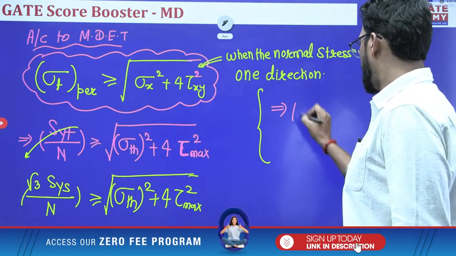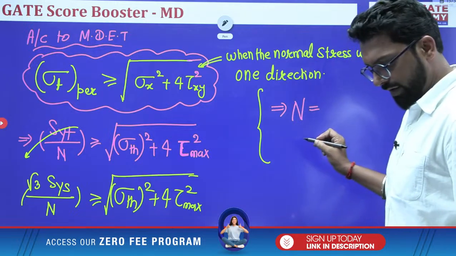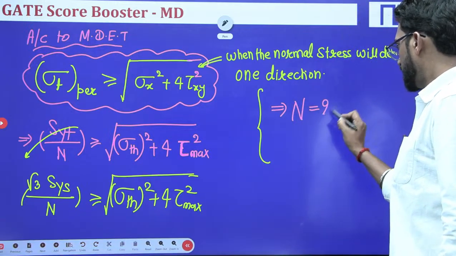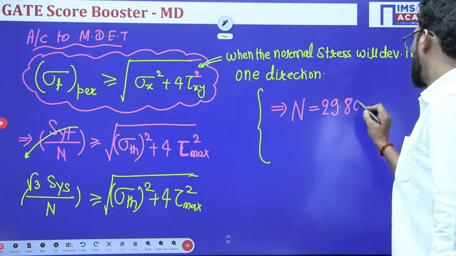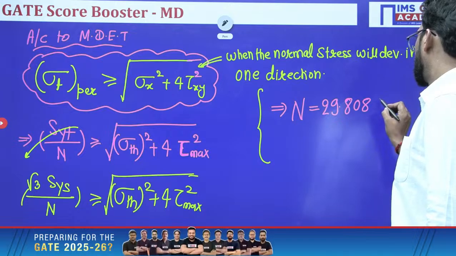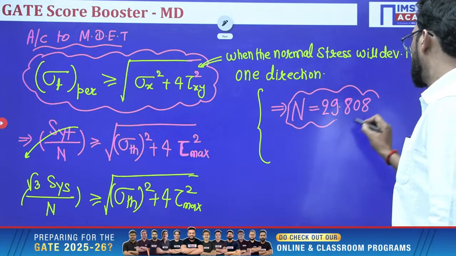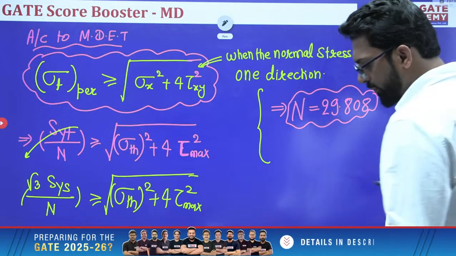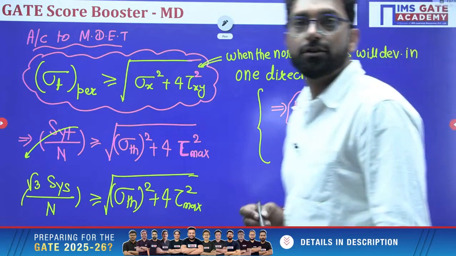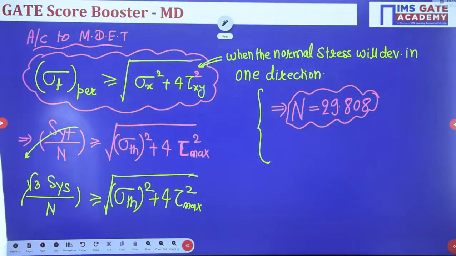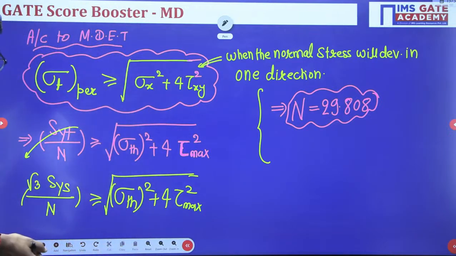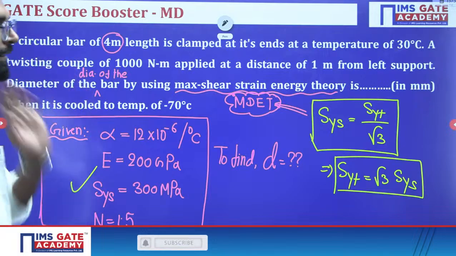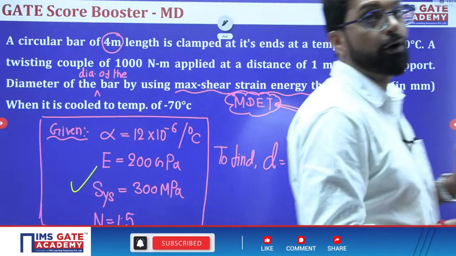So here, if you find the factor of safety, the factor of safety is equal to 29.808, approximately 30. You can write approximately 30, 29.808. This is your factor of safety. Clear? So this question is also an important question, my dear.